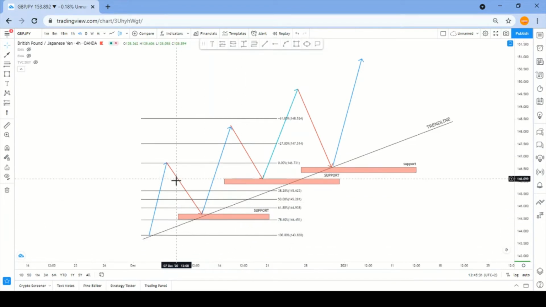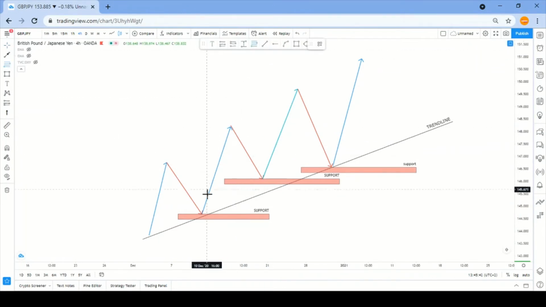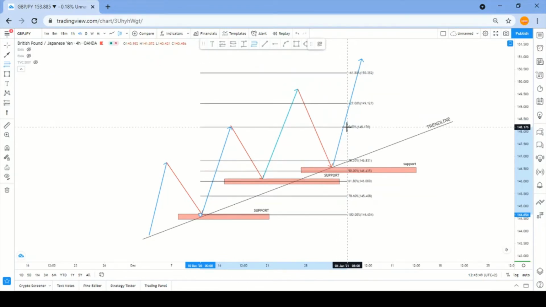We can see here price comes up and it hits 78.6 and it rejects that area and it goes up all the way to take profit 2, which is minus 61.8. I'm going to delete my Fibonacci and draw it again in the next uptrend. I take it from the bottom to the top of my uptrend. And in this case, we had price hit 61.8.